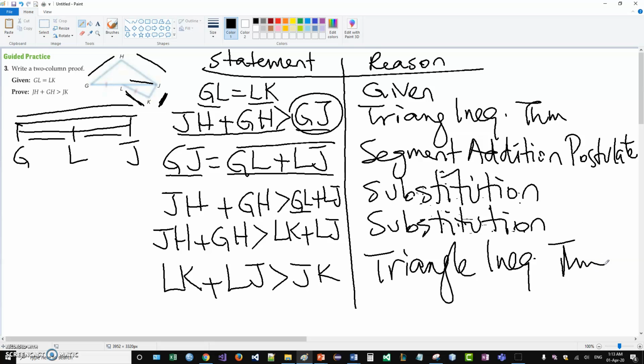Now let's look at what we have here. We have JH plus GH greater than LK plus LJ, and LK plus LJ is greater than JK. So if this is the first, this is the second, and this is the third, these two are the same. If the first is greater than the second and the second is greater than the third, that means the first is greater than the third.